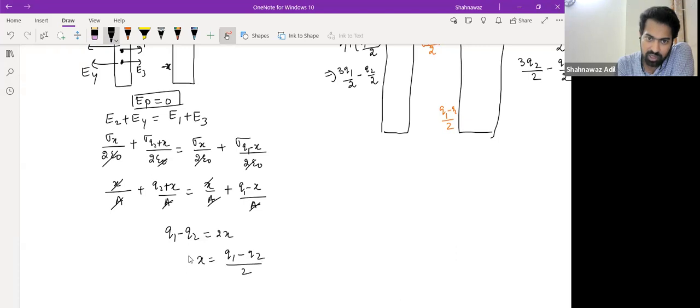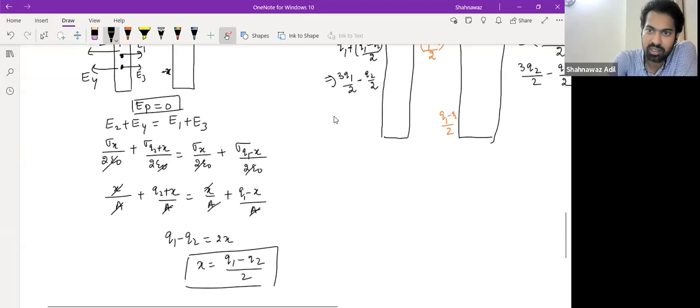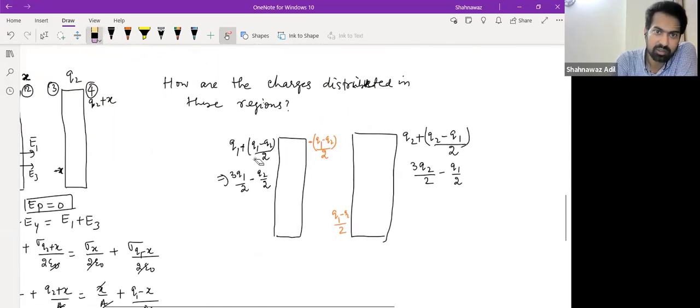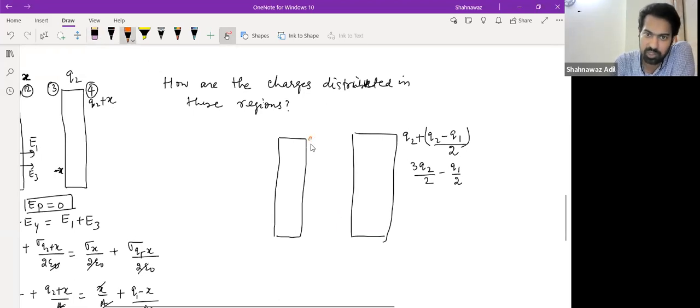So that is why I was wondering why I was getting the wrong result. Now this is correct. Okay, sorry about that, guys. So this would be simply Q1 minus Q2 by 2.